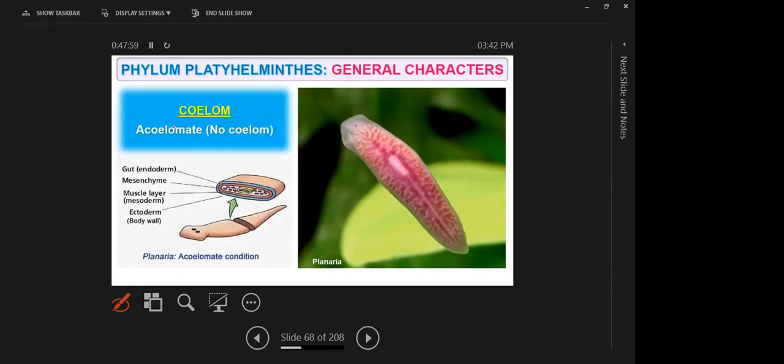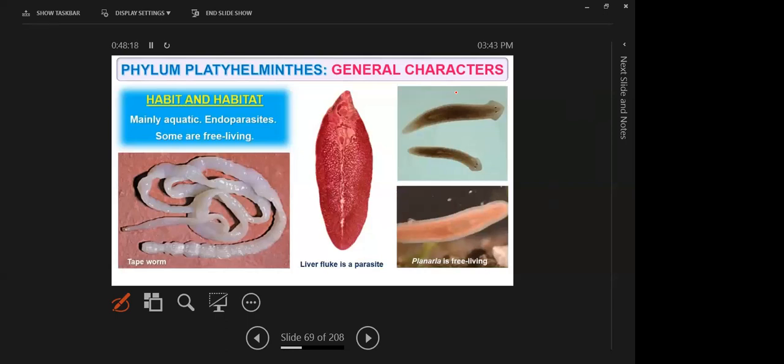That means no body cavity, no coelom. See here, the TS, that is the section. So this is mesoderm, muscle layer, ectoderm, body wall, mesenchyme is there. Okay, so they are mainly aquatic endoparasites.